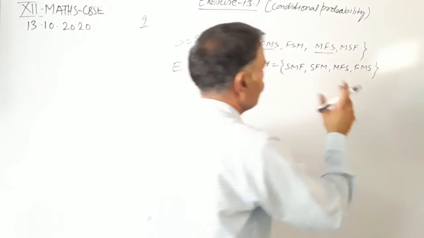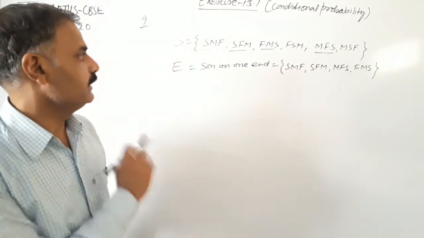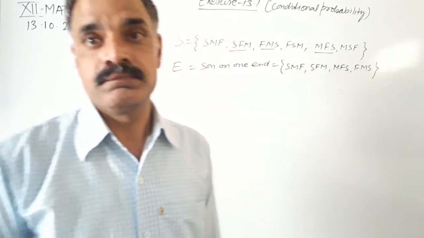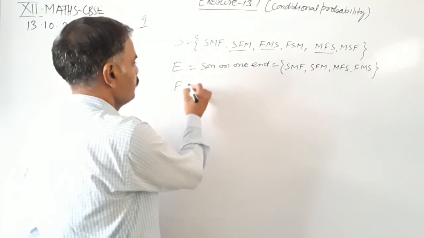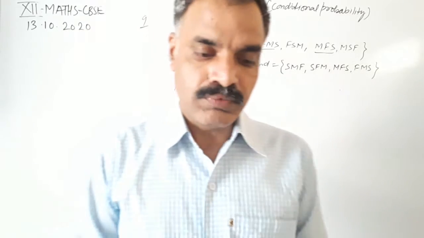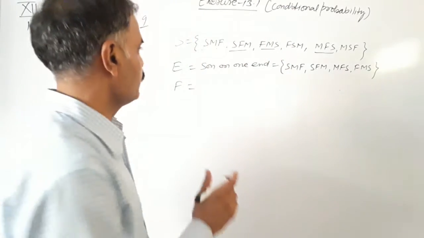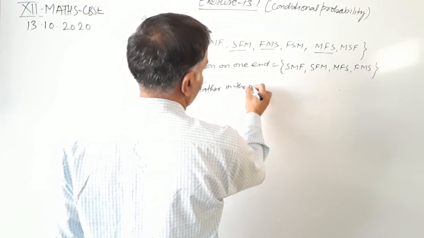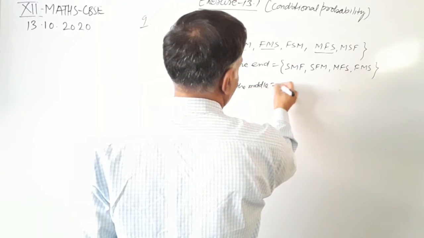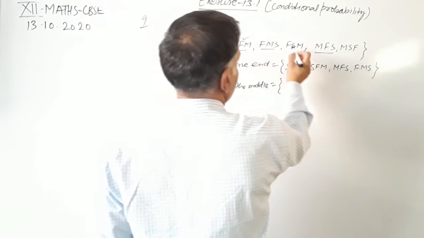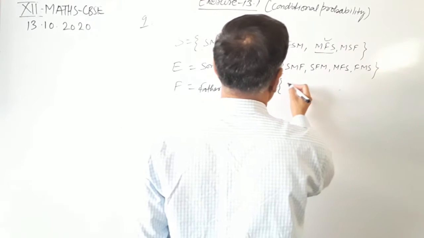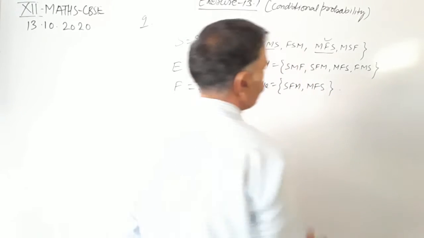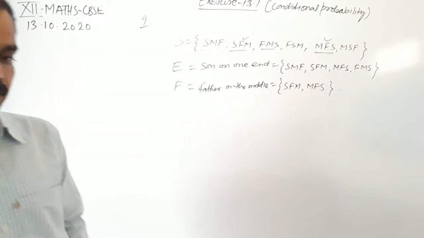These are the sample points in event E. Now F is given as father in the middle. Father in the middle means son, father, mother and mother, father, son. So this is F.